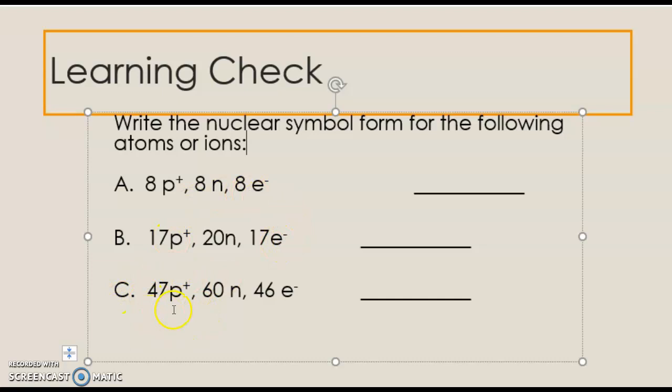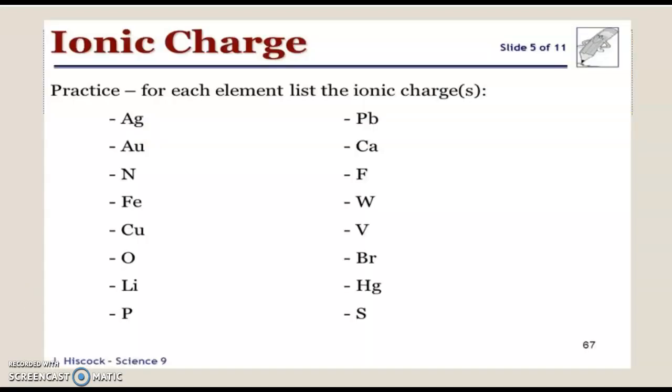However, if you look at C, you can see that it has 1 more proton than it does electron. That means that it gave away, so this would be a +1 right here, okay? It's still the same atom. It's number 47 on the periodic table, but it's just got a different number of electrons, okay?